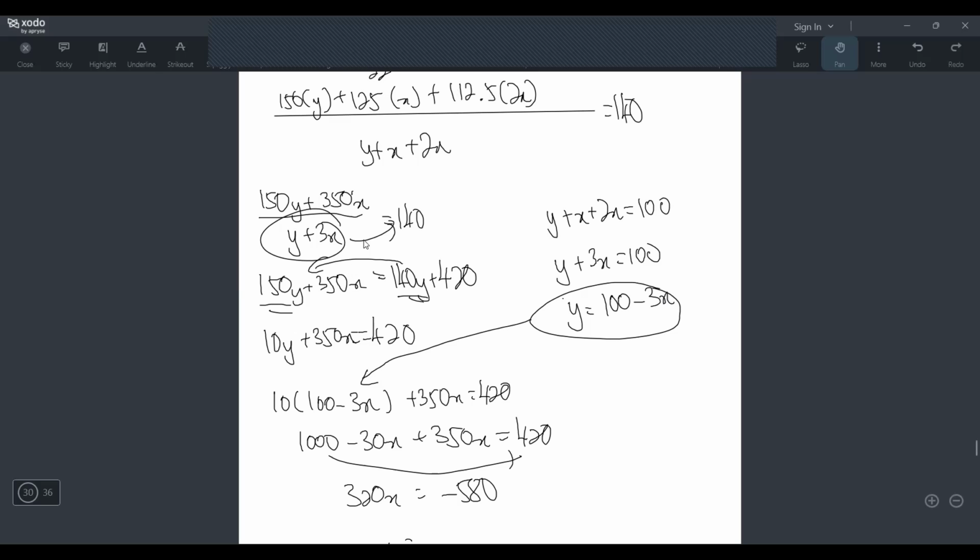And then, hmm. So 140 times y is 140y. 140 times 3, I see my mistake already. 140 times y is 140y, then 140 times 3x is 420x. I forgot the x here.